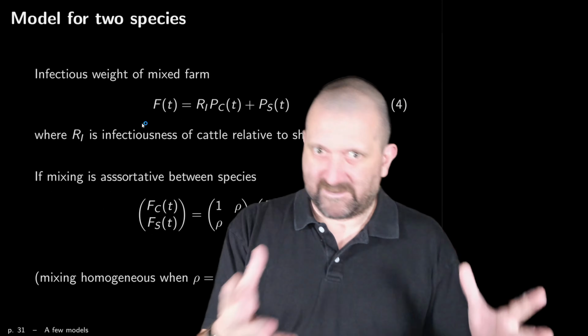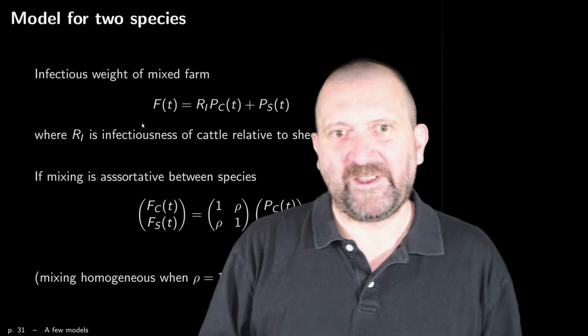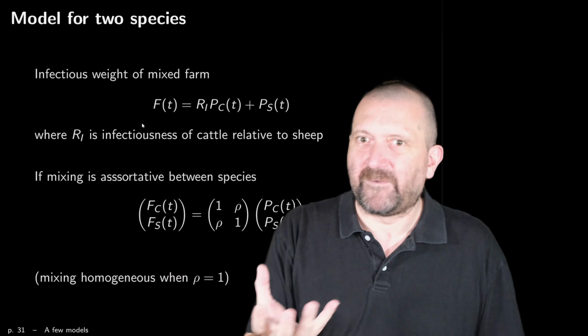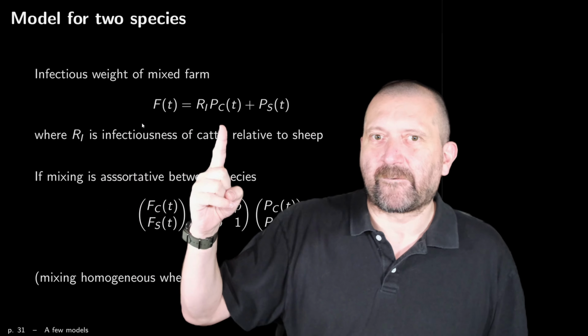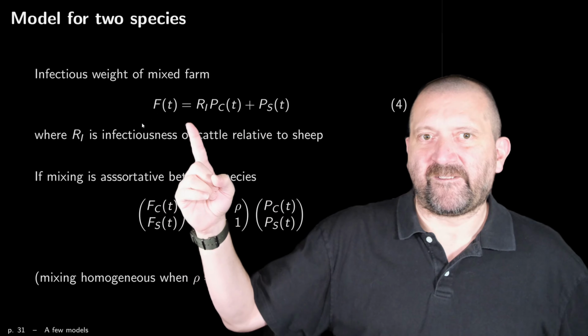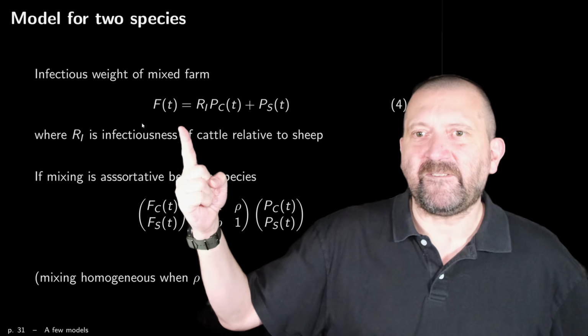Now, I just talked about two species, so let's extend the model to a two-species case. In that case, the infectious weight of a farm with two species, cattle and sheep, is computed as follows. So f of t is the infectious weight.